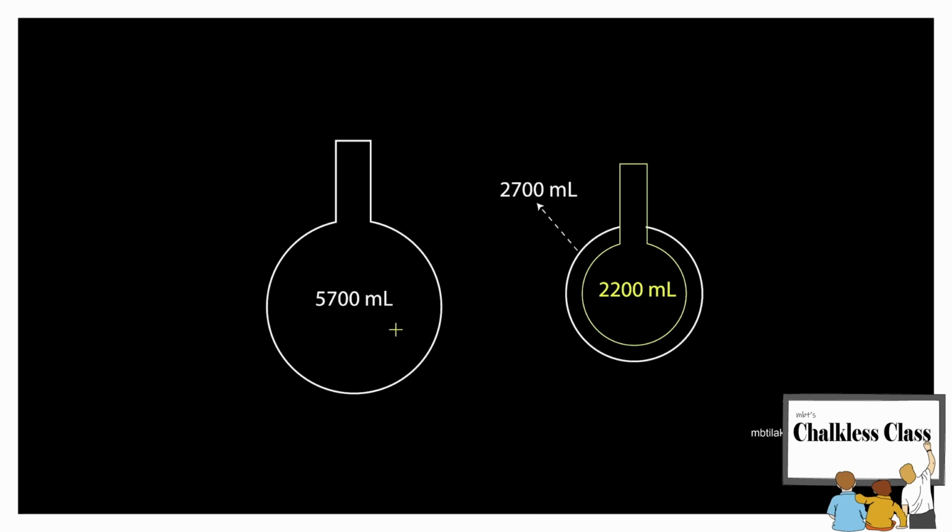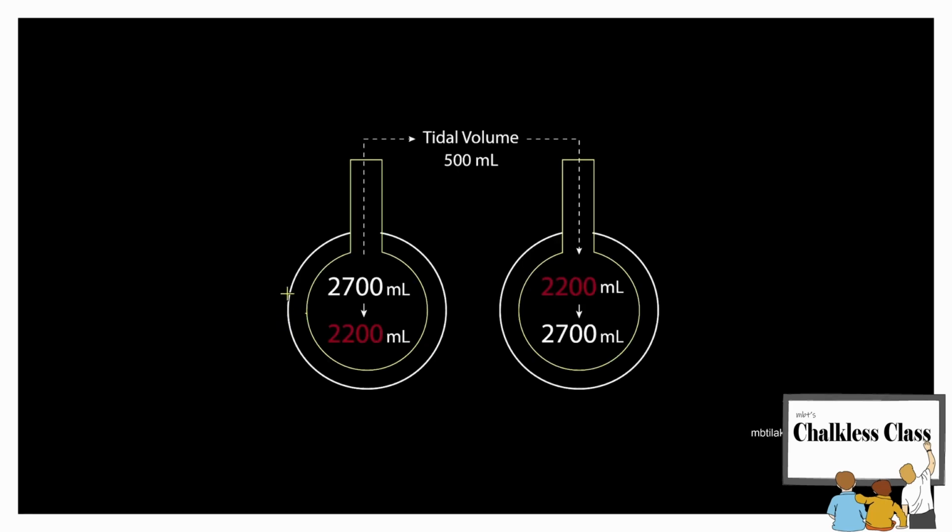At a normal respiration, the lung capacity is not that much maximum, 5700 ml, nor is it zero. The moderate volume of the lung is 2700 ml. After normal expiration, it may reduce to 2200 ml. This is the moderate volume of the air at a normal breathing.